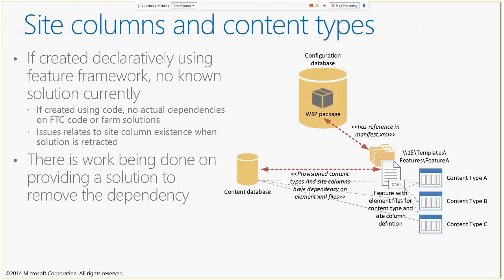If you have site columns and content types in your existing site collections which are created using XML, and you have content created and you retract the solution, especially site columns will get broken. But the existing data will be there, and none of the lists where the site columns and content types are will stop working. Any new stuff will actually get broken. And that quite often might cause a significant issue.